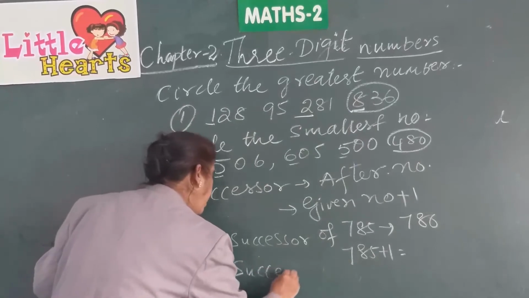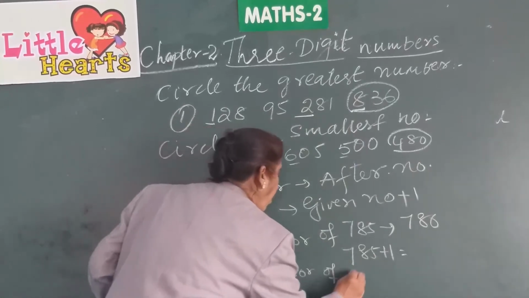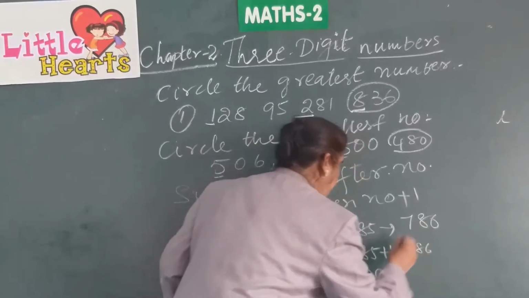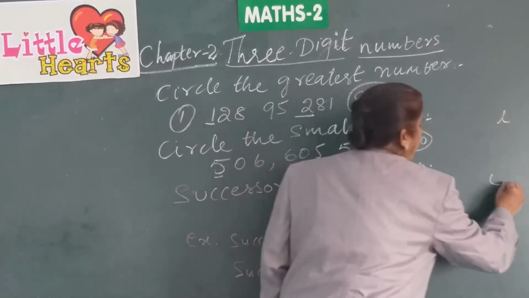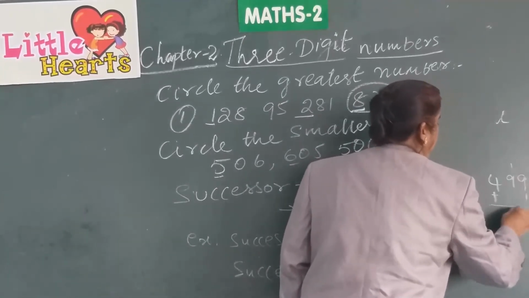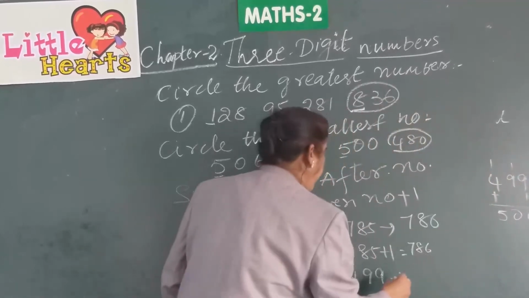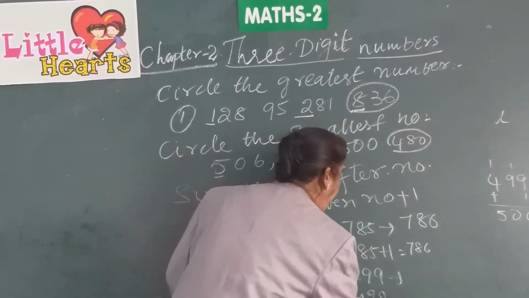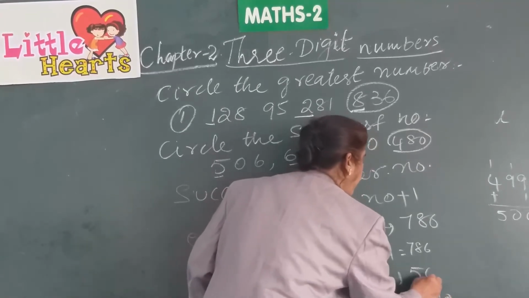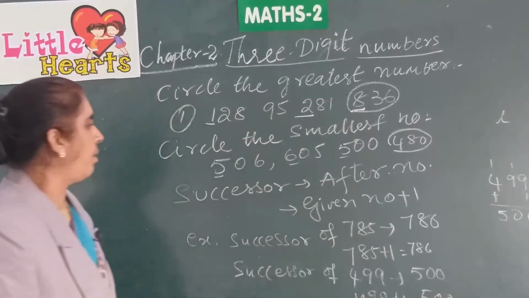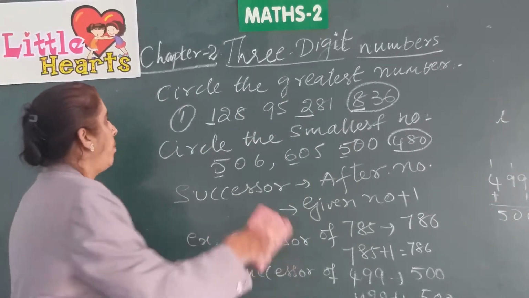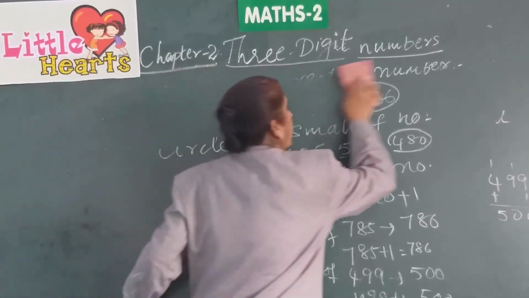What is the successor of 499? How do you get it? 499 plus 1, that is 500. The successor of 499 is 500. So how do you get the successor? Just by adding 1 to the given number, you will get the successor.